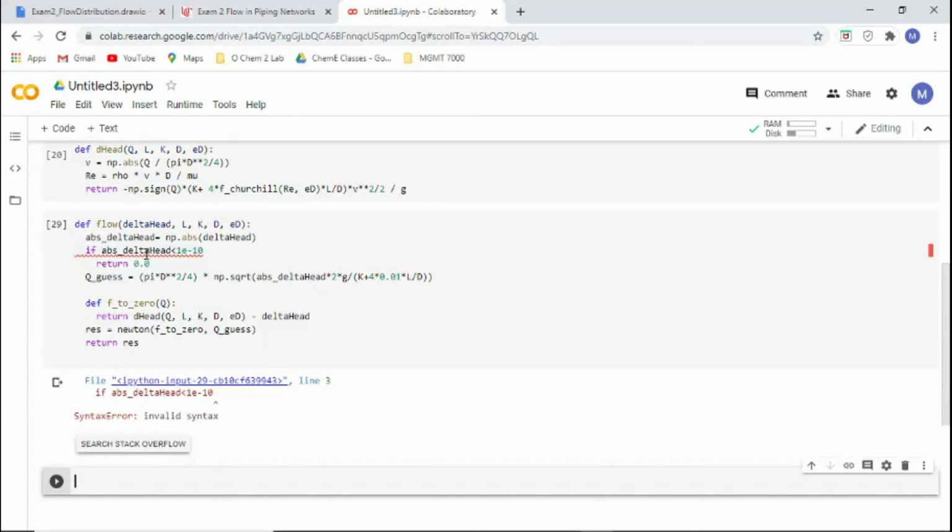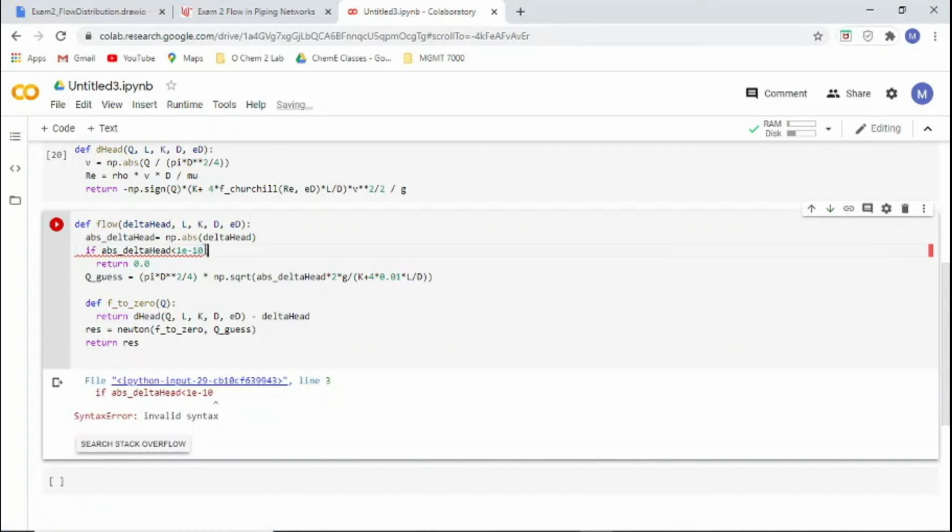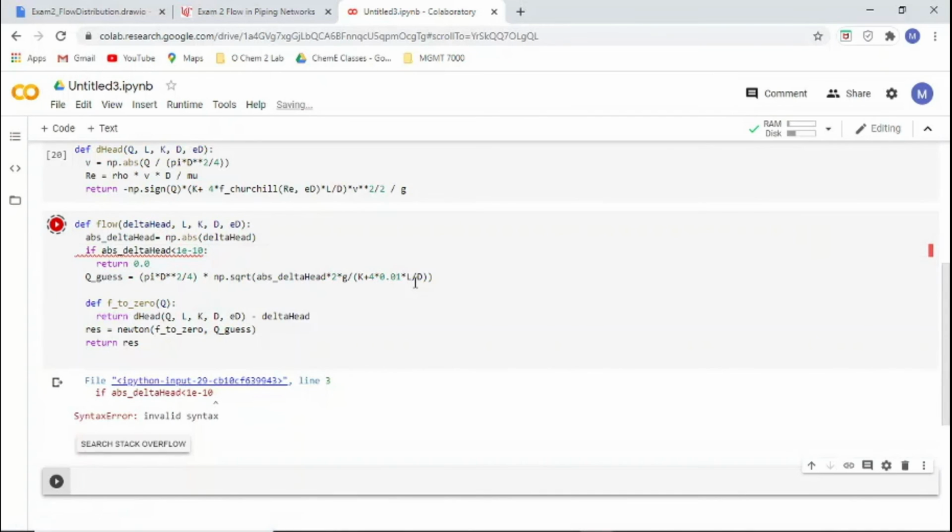Delta head is less than. That is the right syntax. I forgot the colon. There we go. Now it should work. There we go, and we don't get an error.